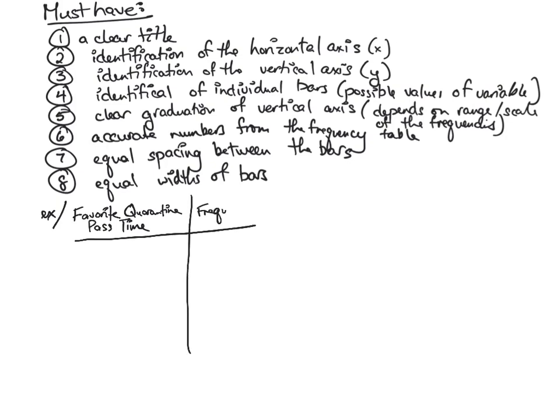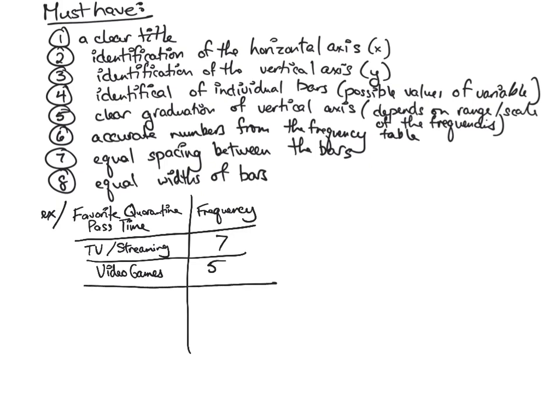So the first option was TV and streaming. That had 7 people. We had video games. That had 5 people. Reading.